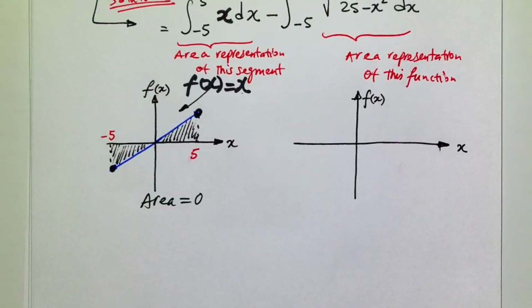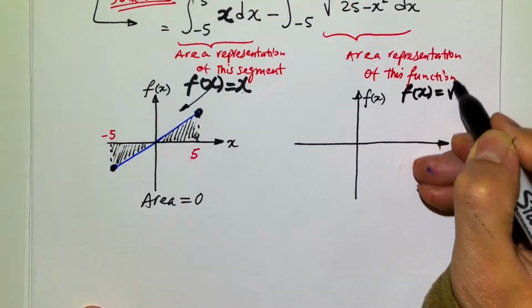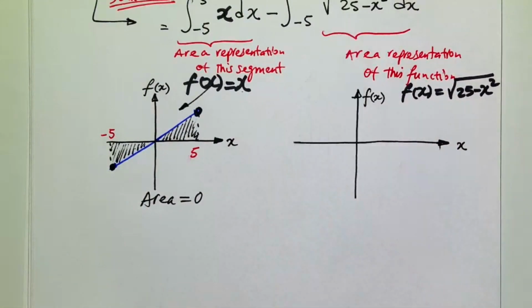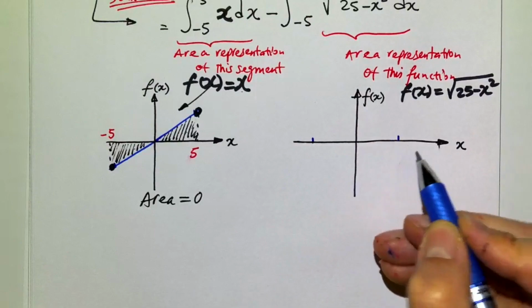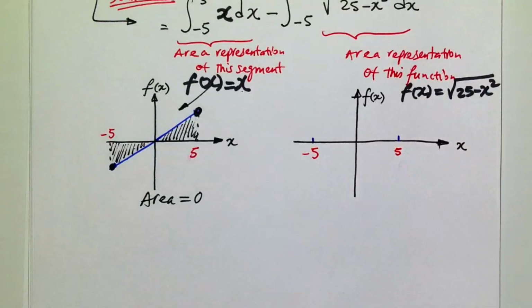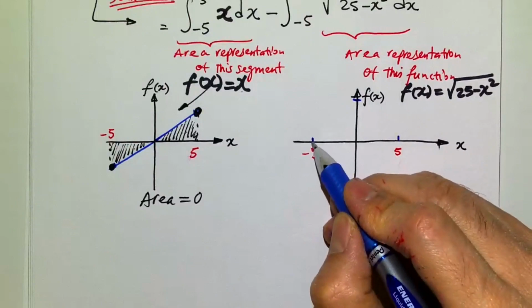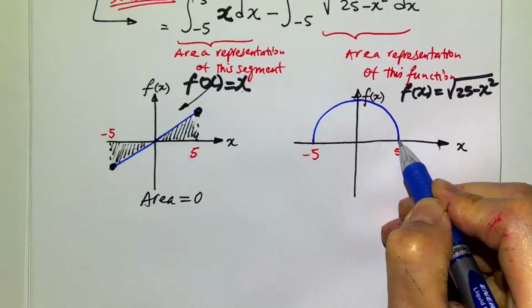So this is f of x equals square root of 25 minus x squared, that function. Hopefully I can draw this as best as I can. I don't know how accurate I can be, but -5 to 5, and let's say that is also 5. So this would be roughly this semicircle like that.